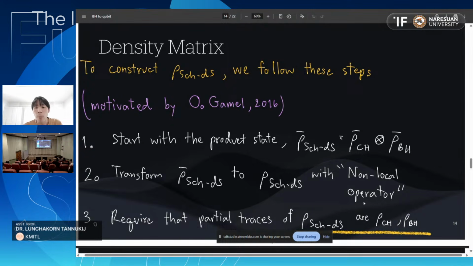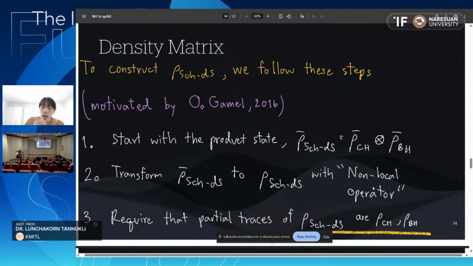There are non-local operators here, introduced in the paper by Omar Gamel. I forgot to include his arXiv number in the slide, I'm really sorry. So as you can see, there are many ways to construct the total density matrix which gives the partial traces we want. The first candidate is the direct tensor product of the two, or this one transformed into the other thing.